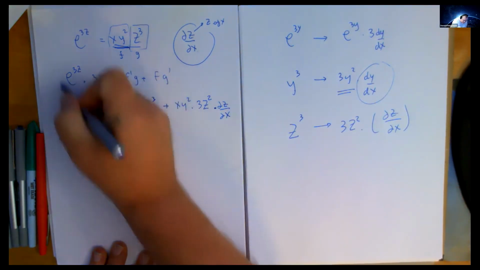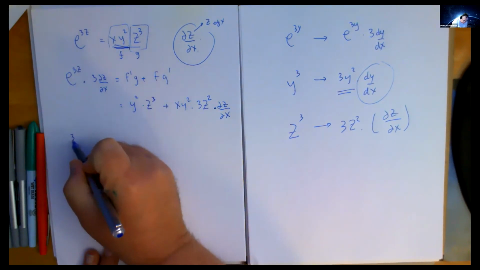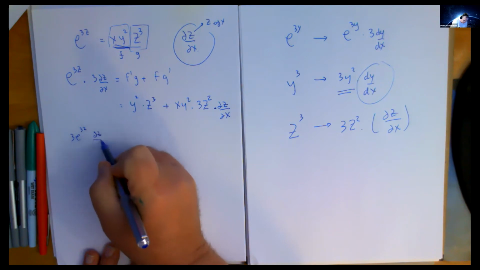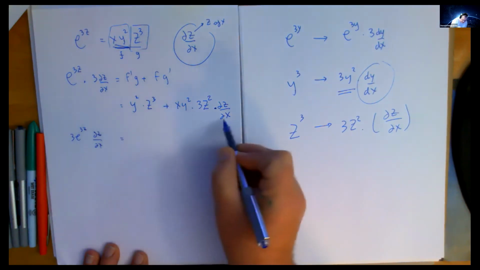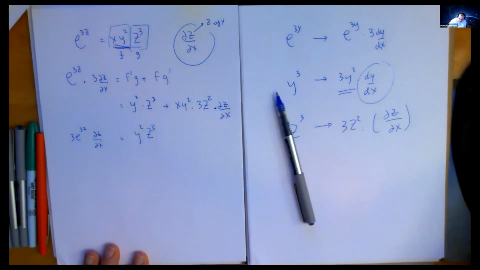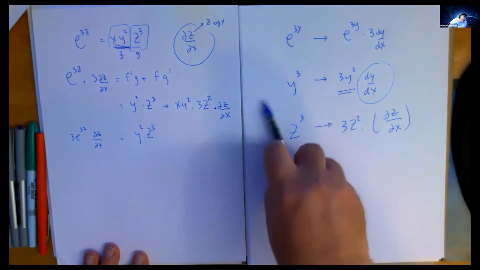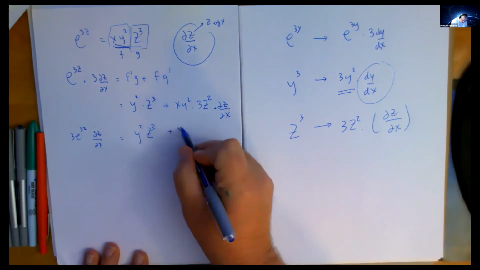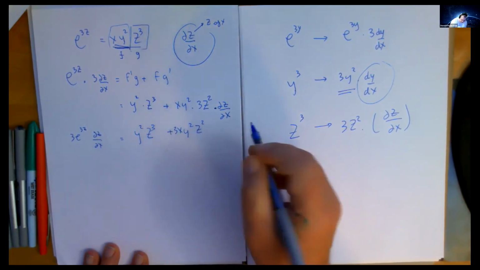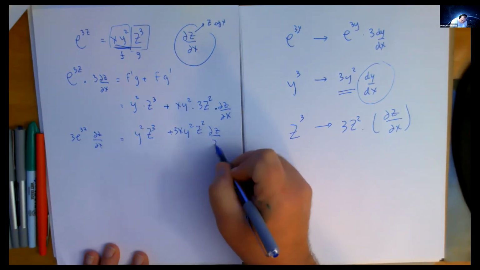Everybody else gets treated a little bit differently because of that. Now, if you take this side here and tidy it up, you don't get much tidying up, but you get that. On this side, you're going to get y squared z cubed plus 3xy squared z squared, dz by dx.